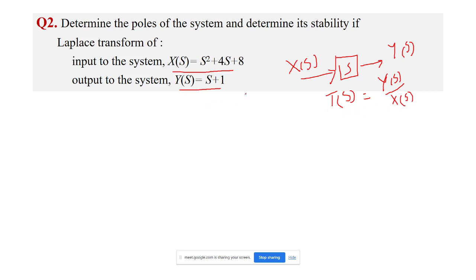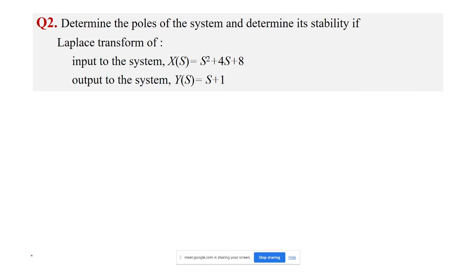So y of s equal to s plus 1 and x of s equal to s square plus 4s plus 8. The question is to find poles, so we just need to find the values of s at which s square plus 4s plus 8 is equal to 0, and that value will be the pole.